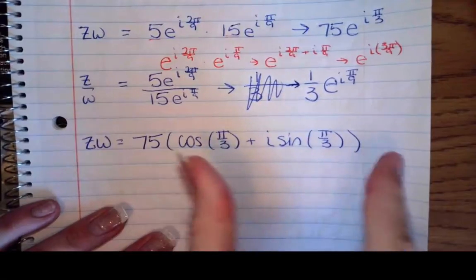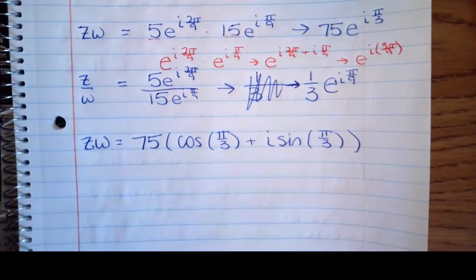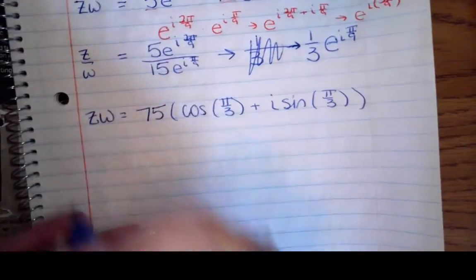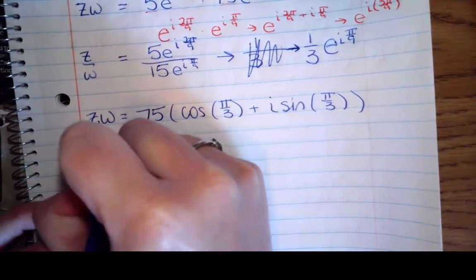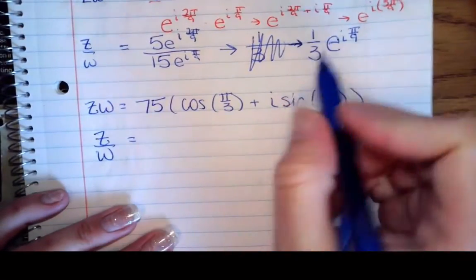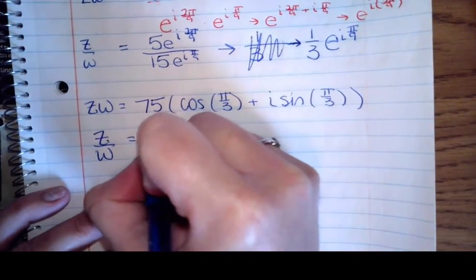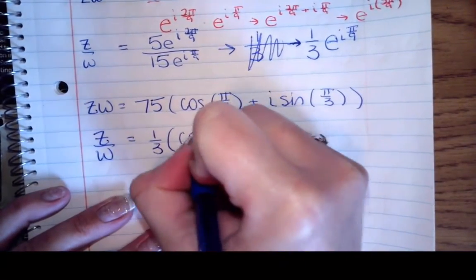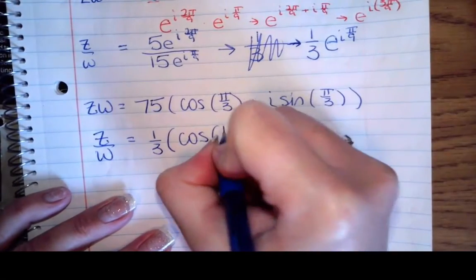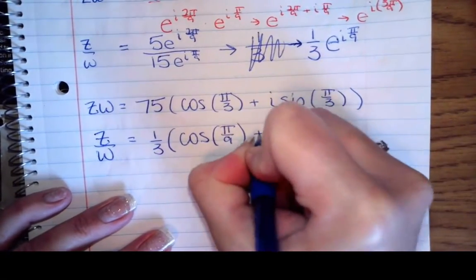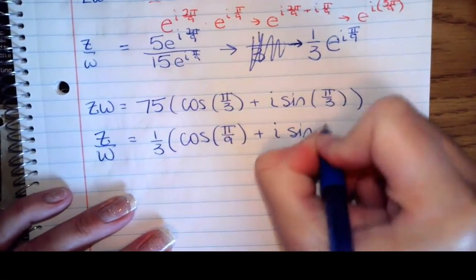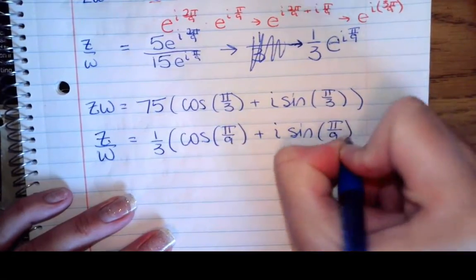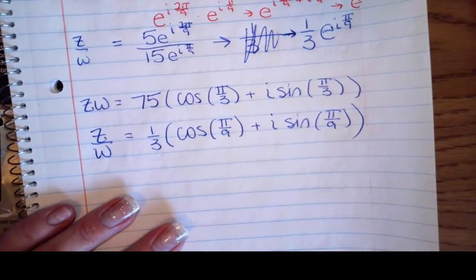So 75 times the quantity of cosine pi over 3 plus i sine pi over 3. And then z over w is going to be, what's your radius? It's 1/3 times the cosine of pi over 9 plus i times the sine of pi over 9.